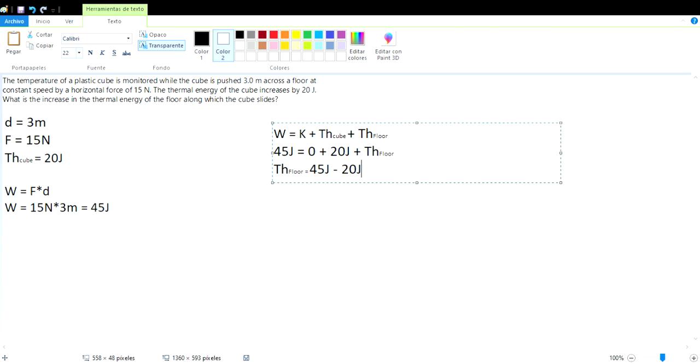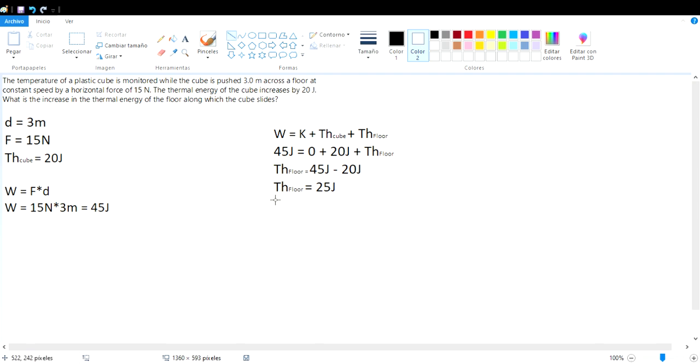And this is a simple operation, it's just 45 minus 20, and we find that the difference of the thermal energy on the floor is equal to 25 joules.